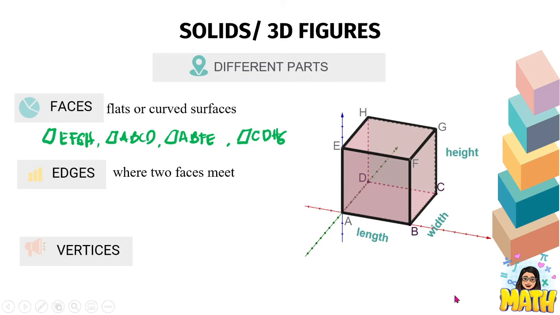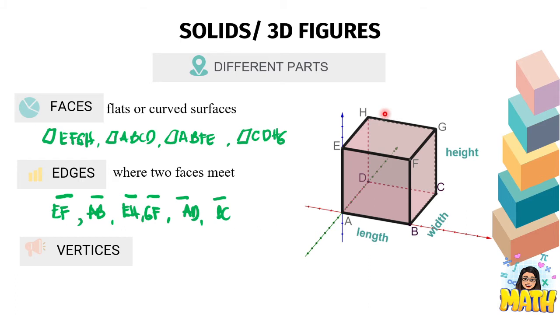They meet at the edge, which is segment EF, while the bottom face and the front face meet at segment AB. So other examples are segment EH, segment GF, segment AD, segment BC, and so on and so forth. So these are what we call the edges.